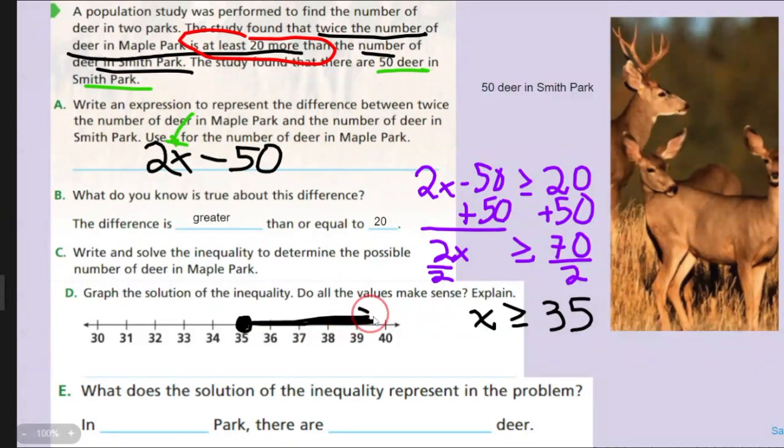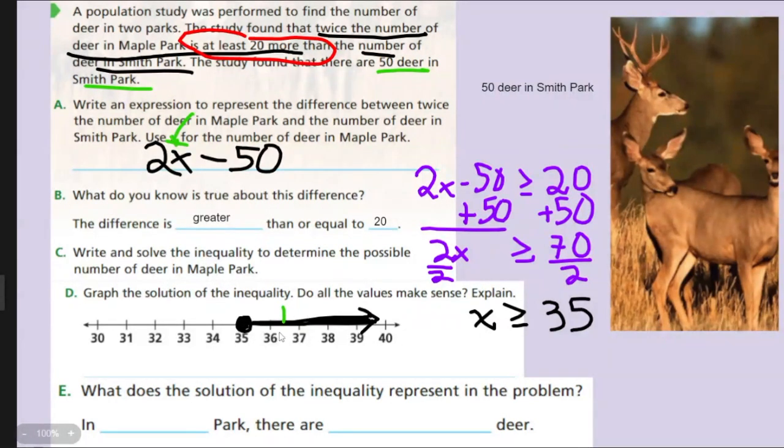Okay. So the second part of the question is, do all the values make sense? So think about that for a second. Do all the values make sense? Remember, we're talking about the number of deer. Okay, so if we have 35 deer, that's part of the solution set. That makes sense. 36 deer, that makes sense. Now, how about if we were to select a number, let's say like 36 and 5/10.